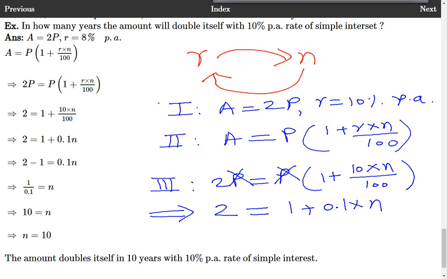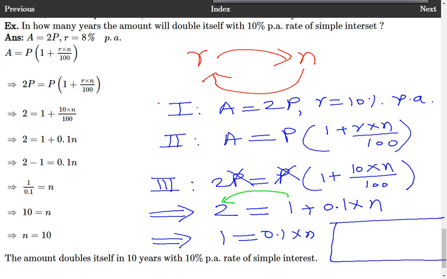If you take this 1 from the right hand side to the left hand side, it becomes 2 minus 1, so that is equal to 1. So 1 is equal to 0.1 into N, hence the final answer is N is equal to 1 upon 0.1, that is equal to 10. So the conclusion is that the amount doubles itself in 10 years with a 10% per annum rate of simple interest.